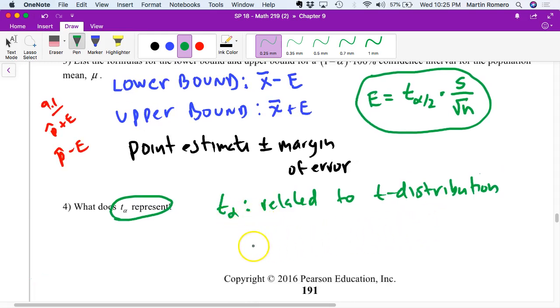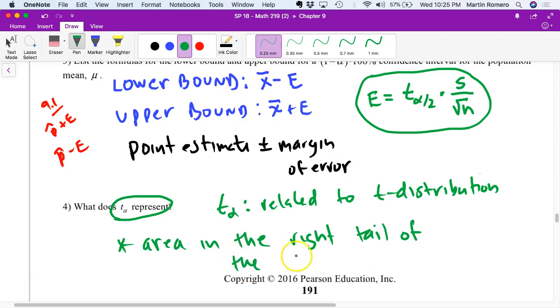What does it represent? It represents the area in the right tail of the T distribution. And if you look ahead in your notes, we're going to do that using a T calculator instead of the normal calculator. And so I'll show you how to do that.